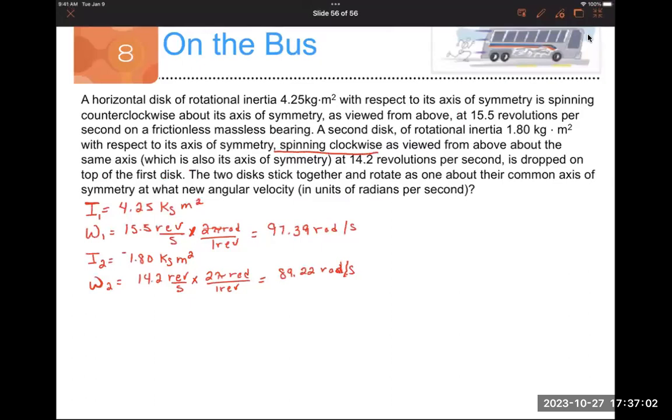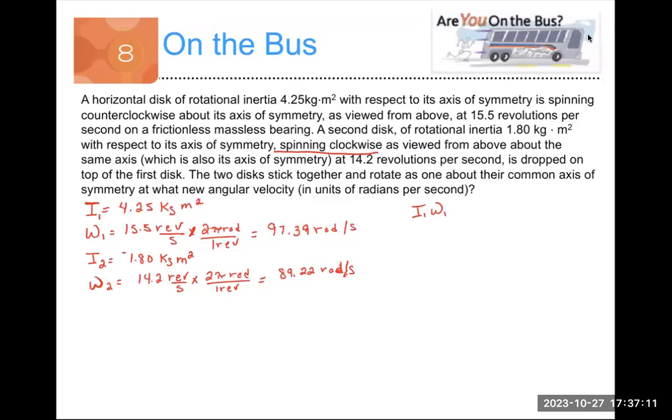So here we have the situation where we have I1 omega 1 plus I2 omega 2 initially is going to equal the final situation where we have I1 plus I2, and now they're stuck together, so they have a common speed, omega prime. So we need to solve this equation for omega prime.